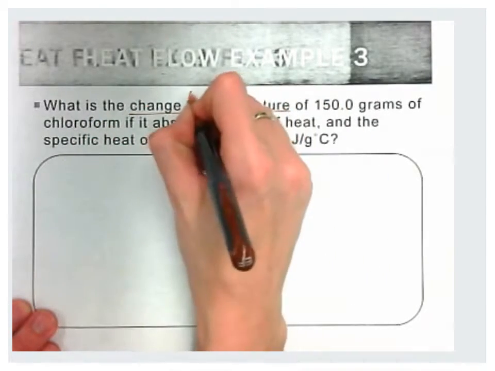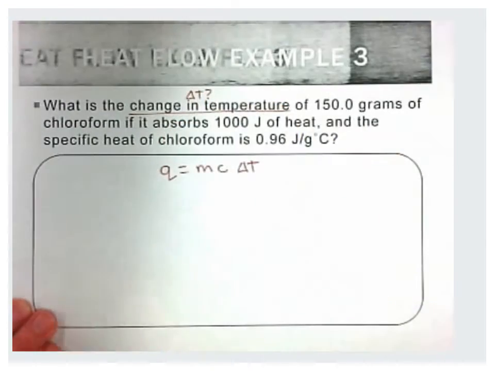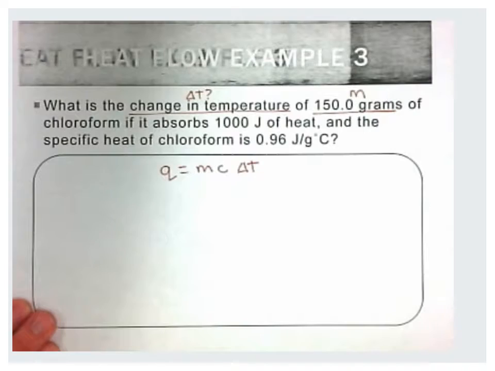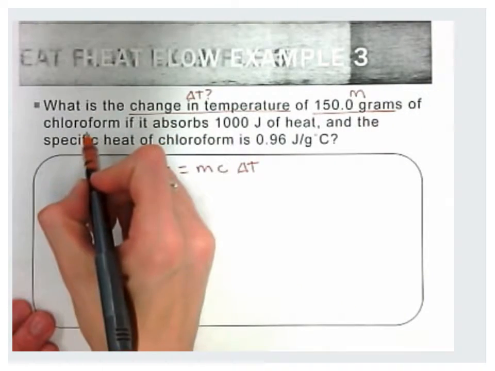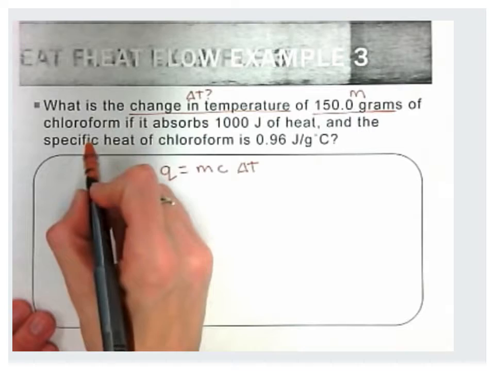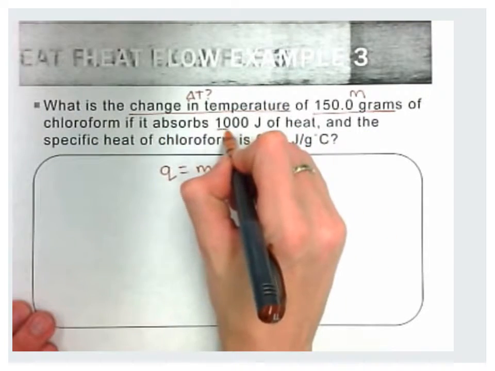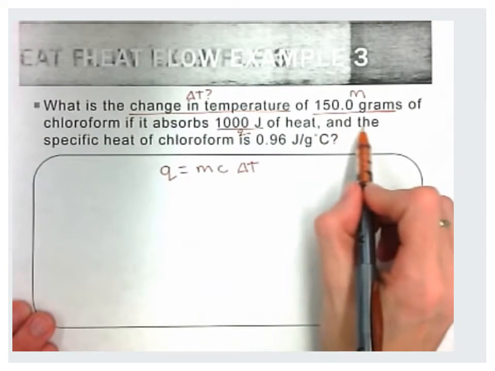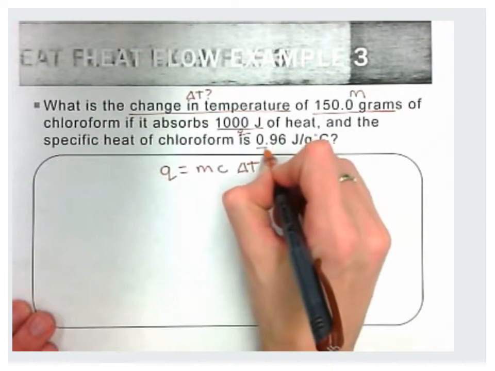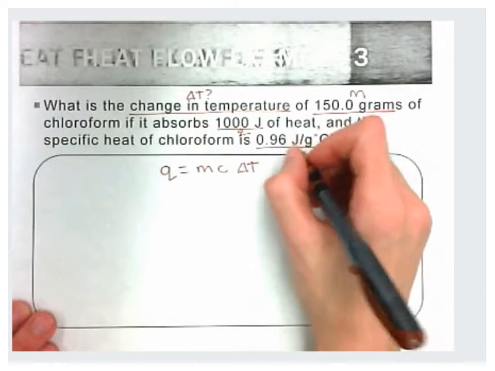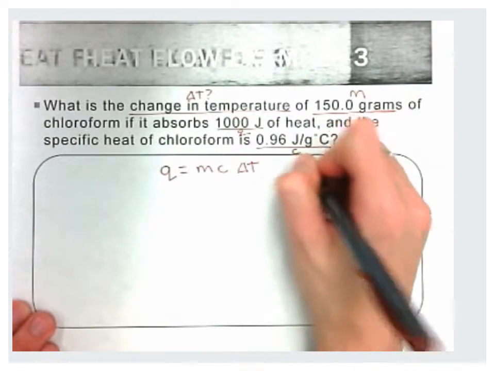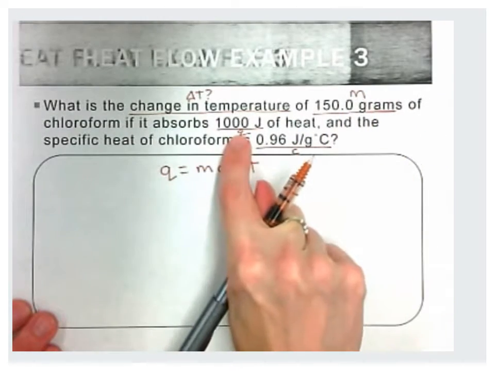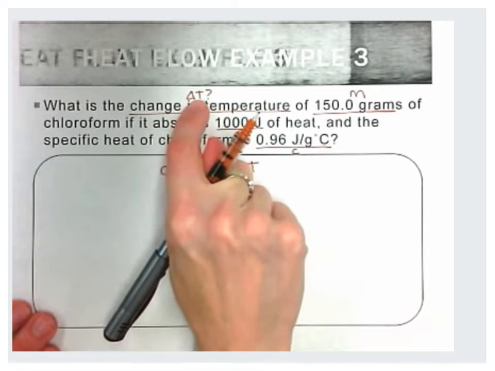So what I'm looking for is delta T. What is the change in temperature of 150 grams, that's my M, of chloroform if it absorbs 1,000 joules, that's my Q, and the specific heat of chloroform is 0.96 joules per gram degree Celsius. That's my C. So I have M, Q, and C, and I'm looking for delta T.